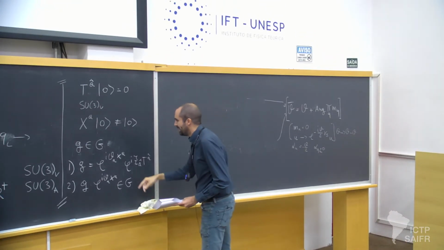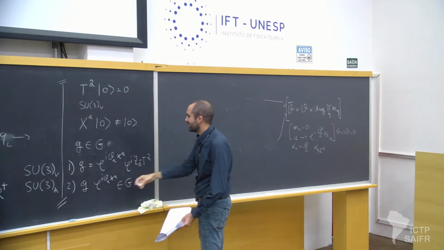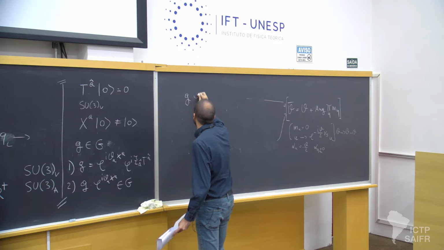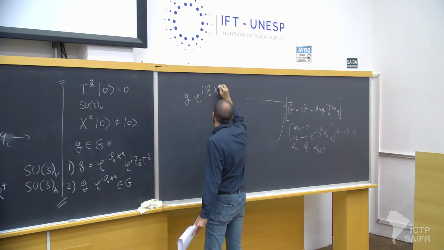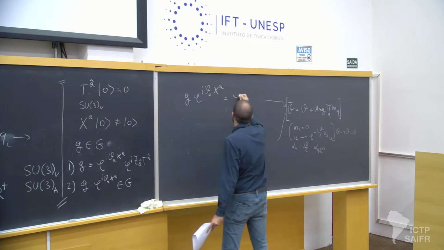And so now, I can use the trick number 1 to write my group element at point 2 as a product.